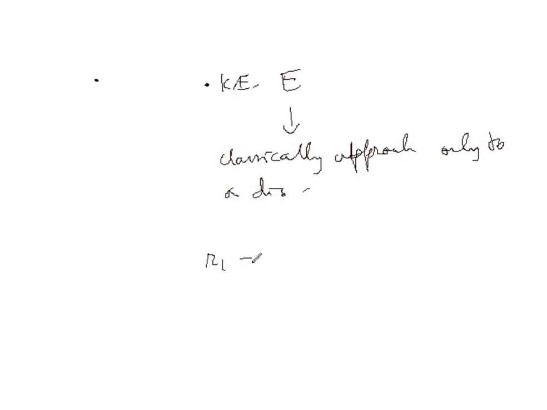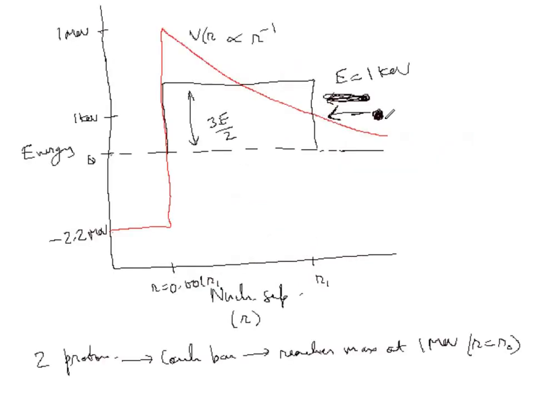This is the R1 that I have talked about. So R1 equals ZA ZB e squared by E, right? Now what will happen at this point? At this point it will be repelled away.